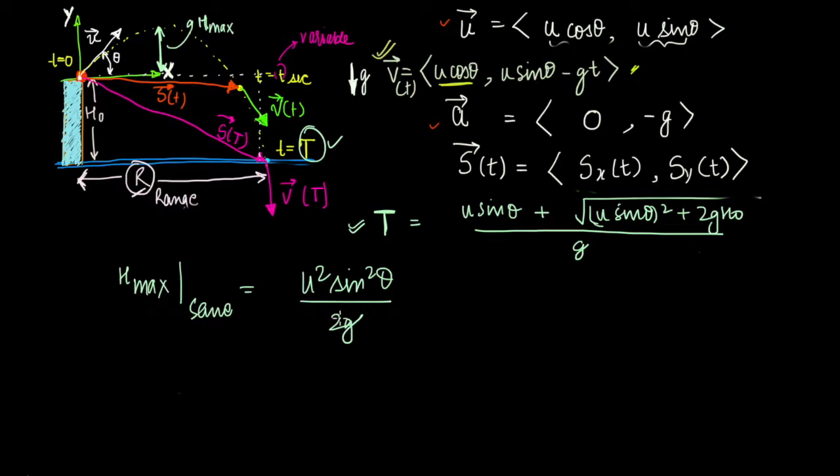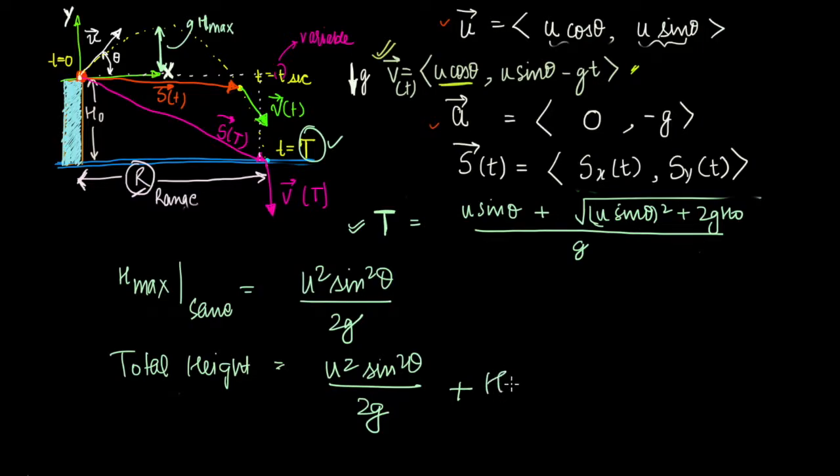So that is indeed your h max. Now, in this case, however, the total height would therefore be u square sine square theta by 2g plus h sub 0. And that's it. That's the only addition to the problem that we've already solved.